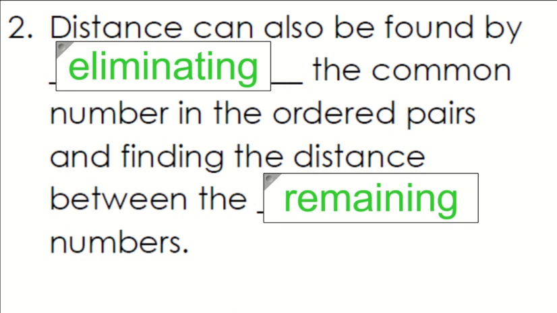To me, this is much quicker than taking the time to find where each point is and count up the squares. All right, so I'll show you a couple. It's not that bad.